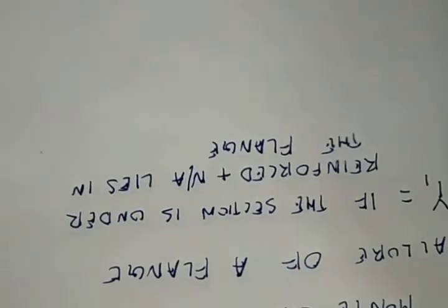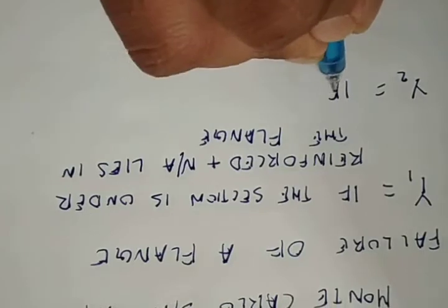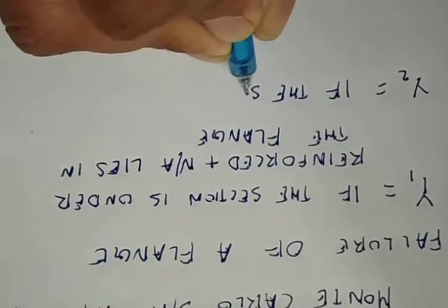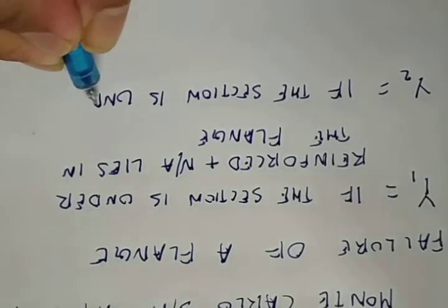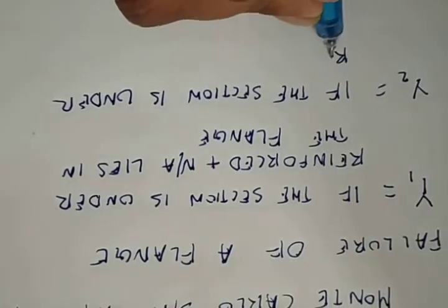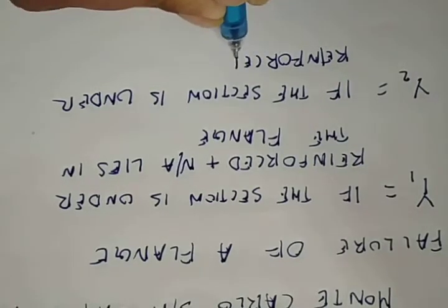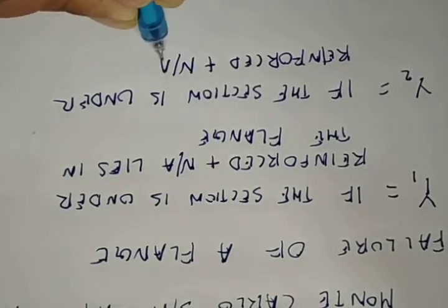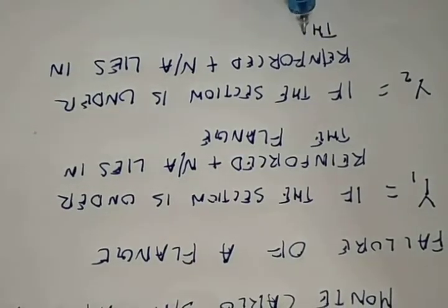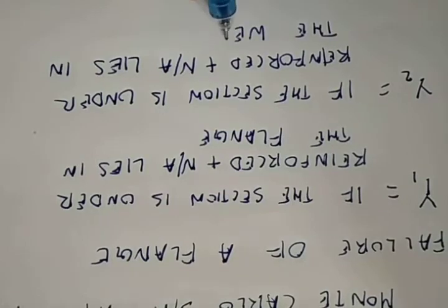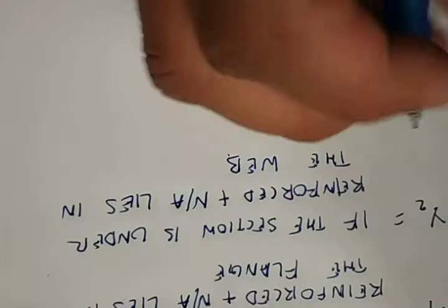Another case might be if the section is under reinforced and the neutral axis lies in the web. So two conditions.